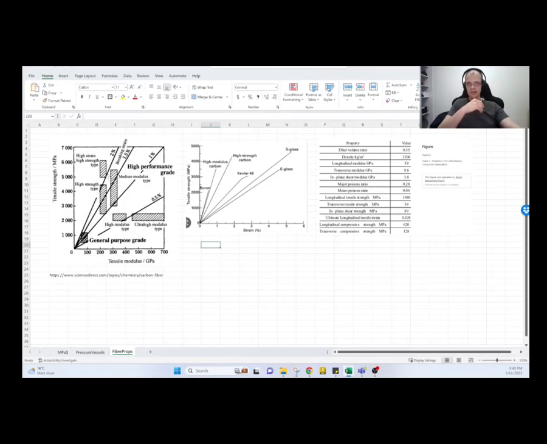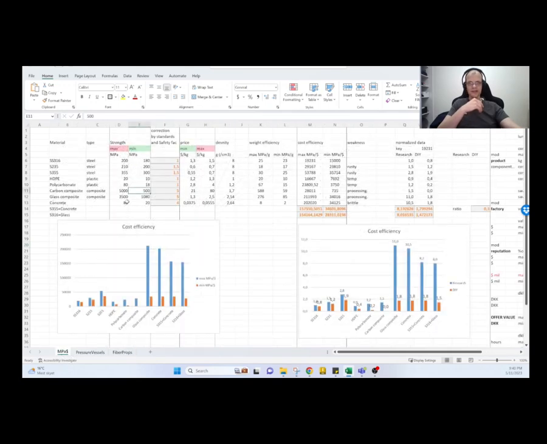For example, this is carbon and different type of glass fiber. Now it's pretty hard to estimate the prices. They are all over the place and depend on the local supplier, but you can do this thing where you take the highest material strength in megapascals and the lowest price. Assume the best case, the max strength, lowest price, and then do the opposite. Lowest strength, highest price to get the least efficient one, and then they have different densities.